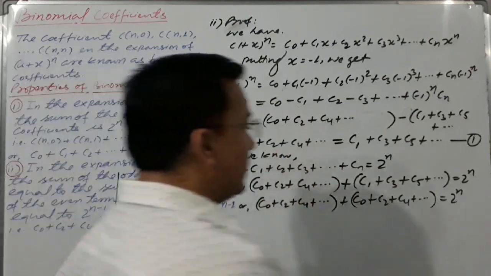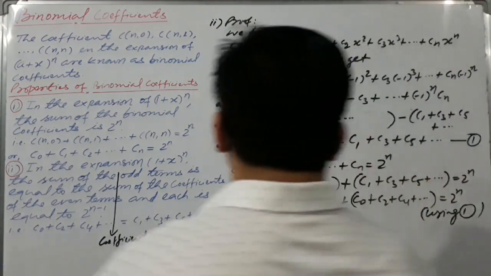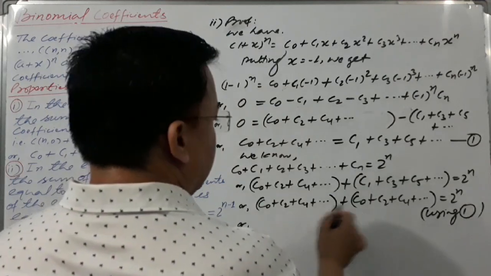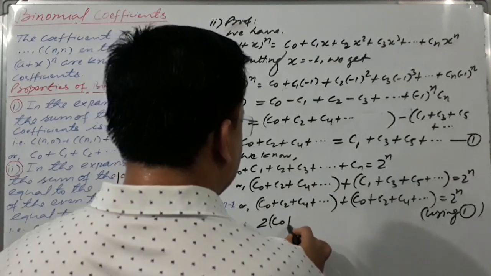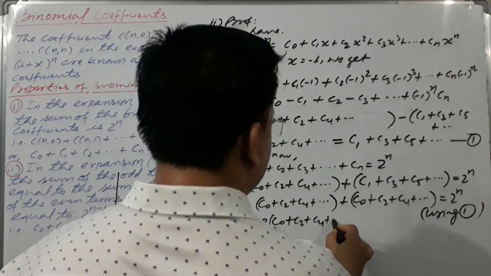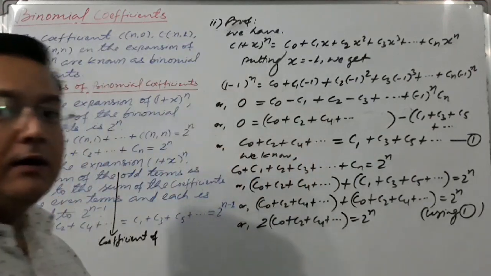Using this result, you will get 2 times C0 plus C2 plus C4 plus dot dot is equal to 2 raised to power n.